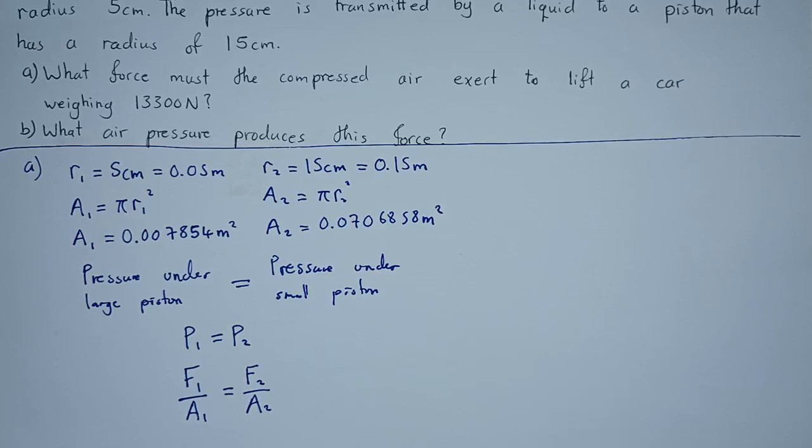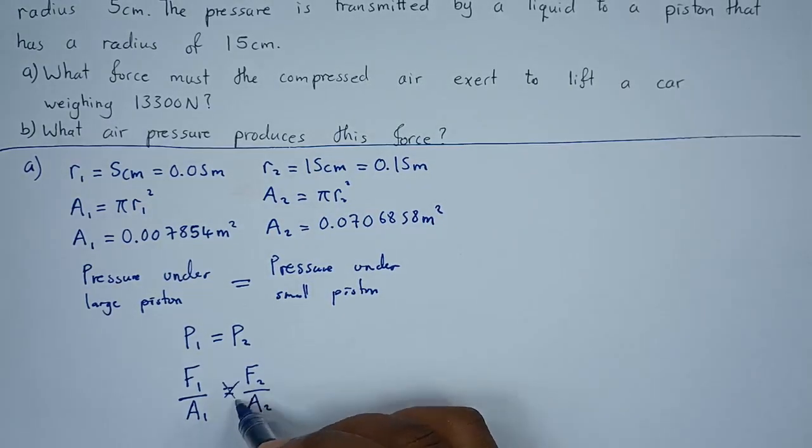Since we're looking for force 1, remember, F1 is the force exerted by the compressed air, while F2 is the weight of the car. A1 is the area of the small piston, while A2 is the area of the large piston. If you look at the two radii, you can see that this confirms the small area and the big area. From there, we can make F1 the subject of the formula.